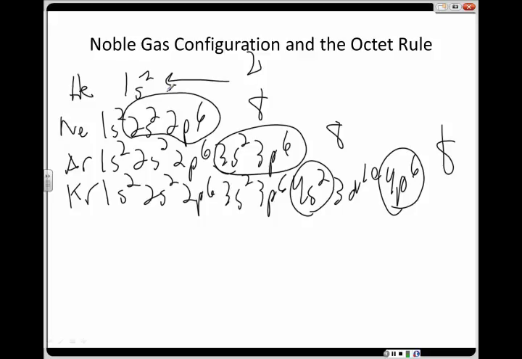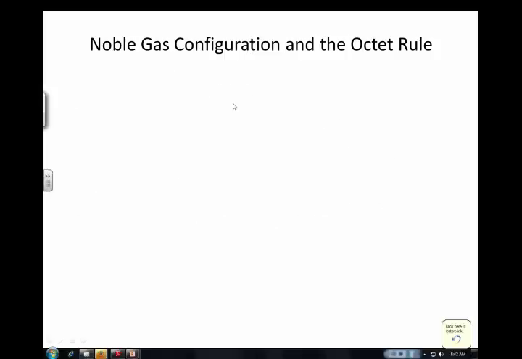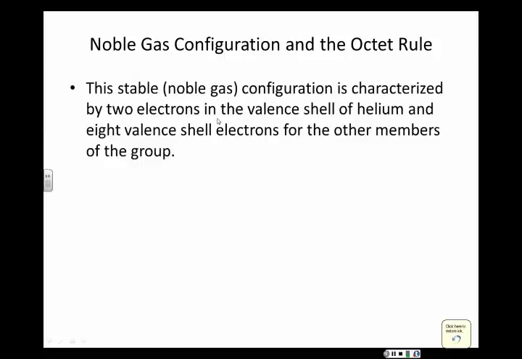It takes a lot of energy to start a new shell. So what's really going on is the noble gases represent a completely full shell, or the energy right before you have to start a new shell. So we can summarize this by saying 8 valence electrons. Helium is an exception with 2, but basically that's it.